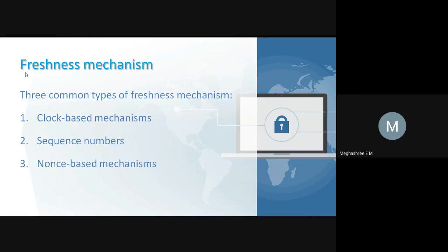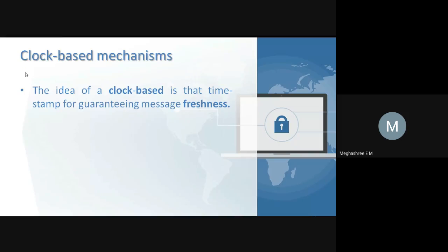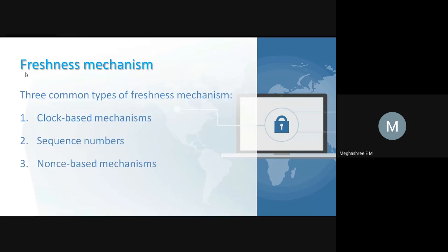Today we'll discuss the next two mechanisms, that is sequence numbers and nonce-based mechanisms. So in clock-based mechanism, you know that along with the message, a timestamp will be sent from one user to another user. So if the timestamp is the recent time, then that message will be treated as a fresh message, right?